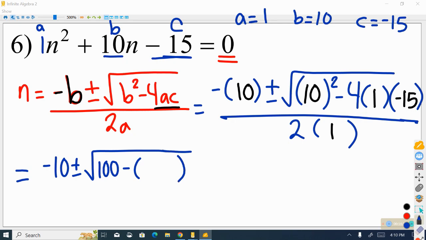Doing this will stop us from making a mistake when we calculate the number underneath the square root, because it can be easy to drop one negative when you're dealing with so many numbers. Again, we're just going to treat 4 like it's a positive number. Don't worry about this negative out front for now. We're just going to do 4 times 1, which is 4, and 4 times negative 15, which is negative 60. So in this parentheses, I'm going to write negative 60.